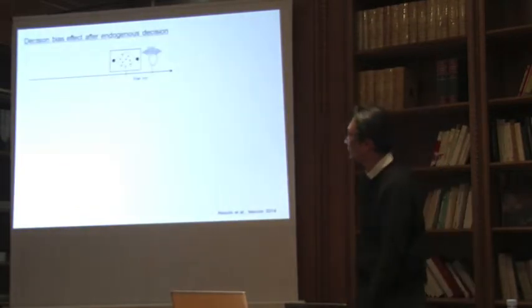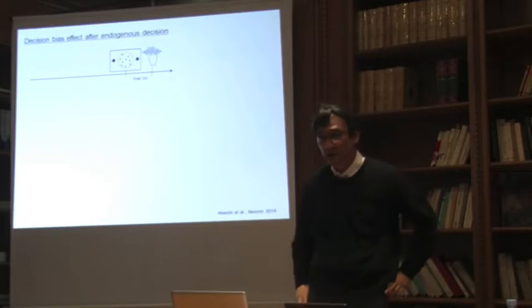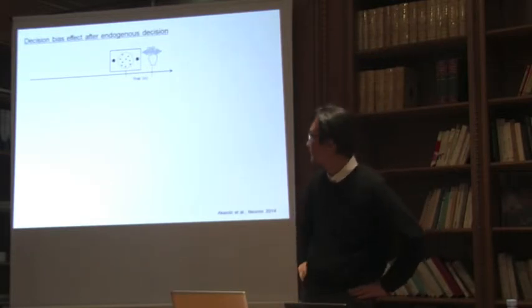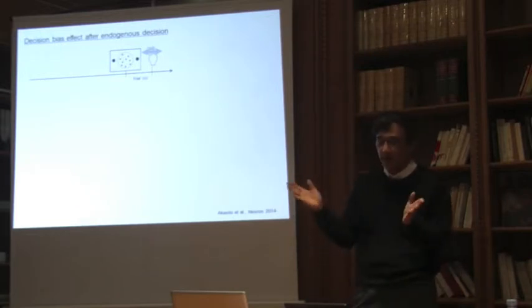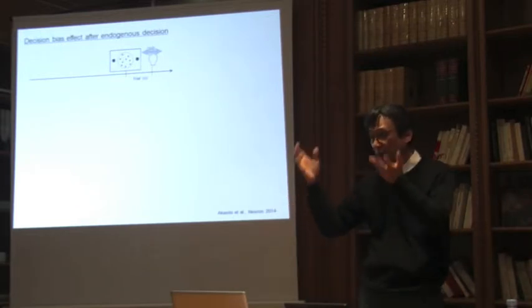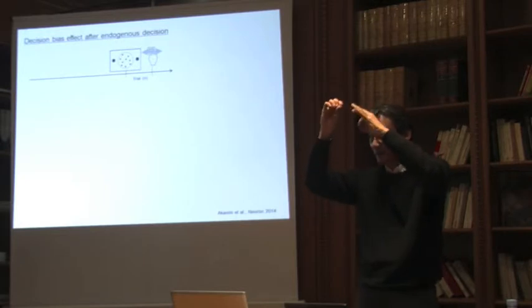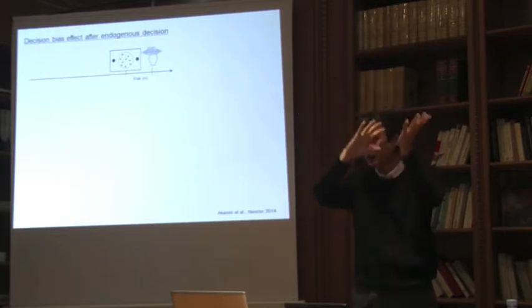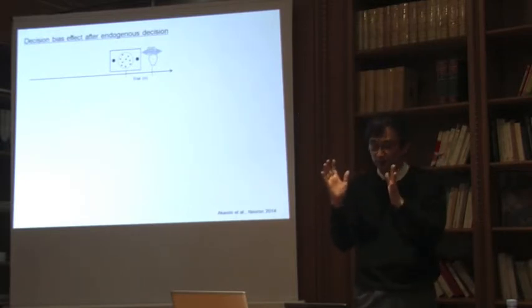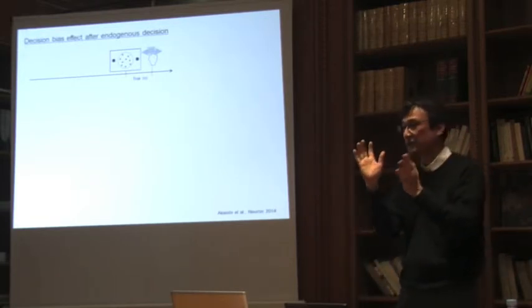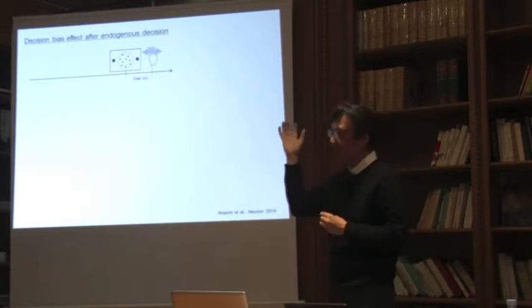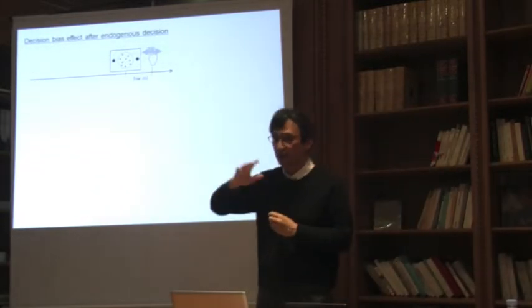And here we again use the perceptual decision-making task with random dot motion. In this task, random dot patterns were presented, and these dots are moving in every direction, but some portion of the dots are moving in the same direction. And you have to say whether this coherent motion is rightward or leftward.